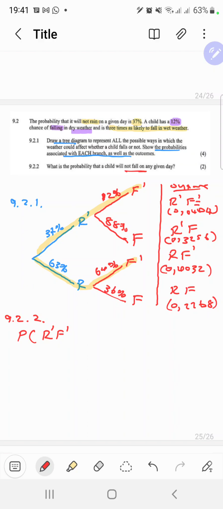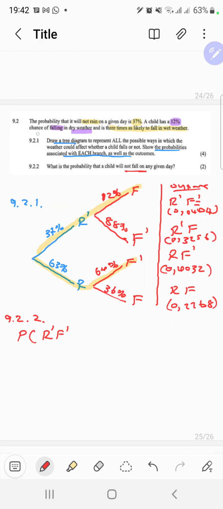Hey, it looks like I made a mess now. They are saying the child has a 12% chance of falling in dry weather. So this is falling. And then this one is not falling. Yeah.